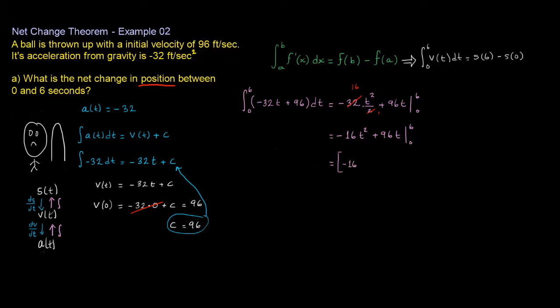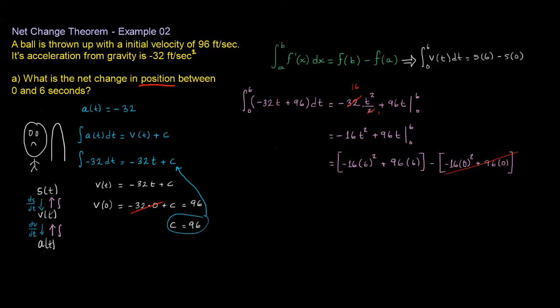It'll be negative 16 times 6 squared plus 96 times 6, minus the expression at 0. Of course, this whole second term will cancel out. I'm just going to write it so you see the whole detail of it.